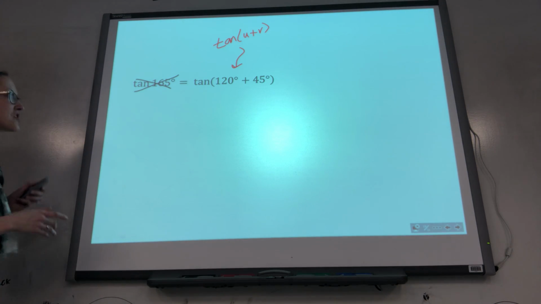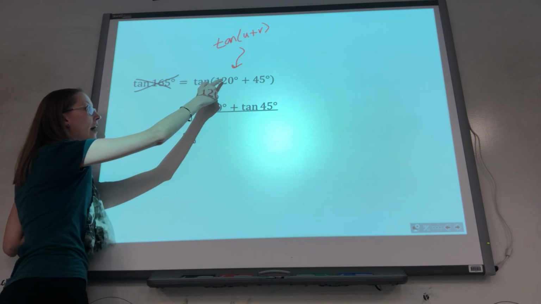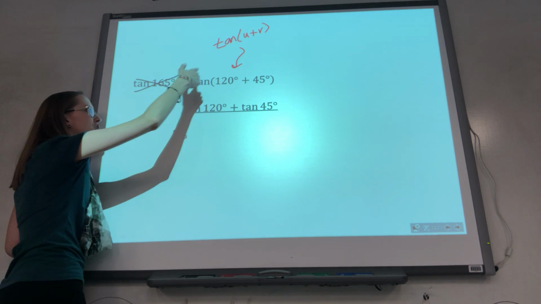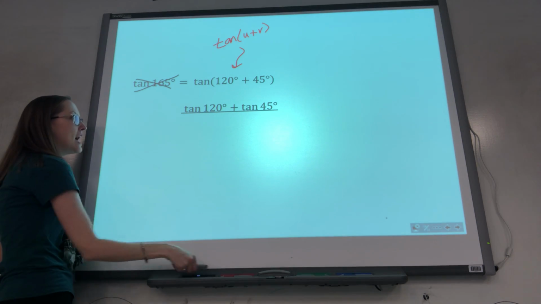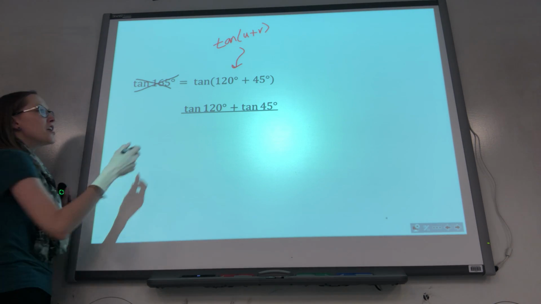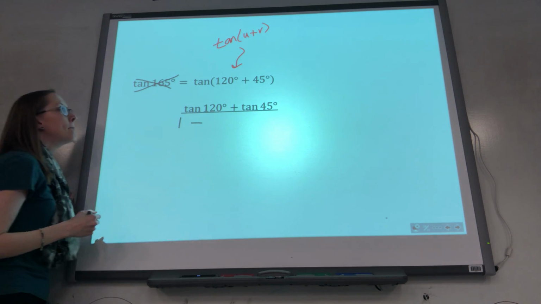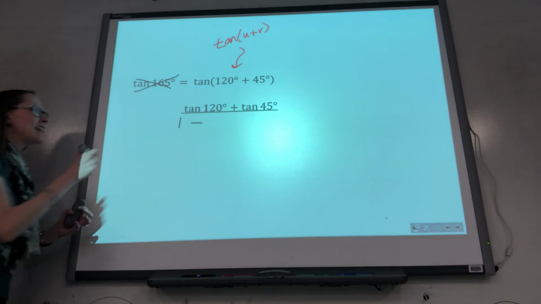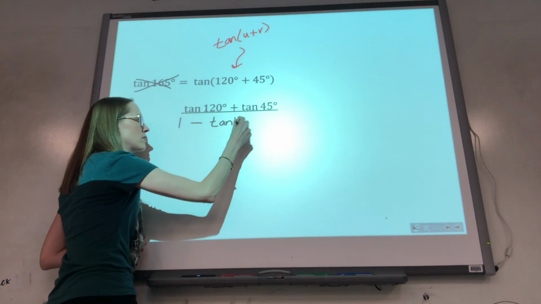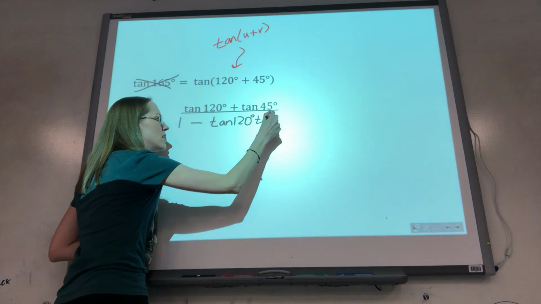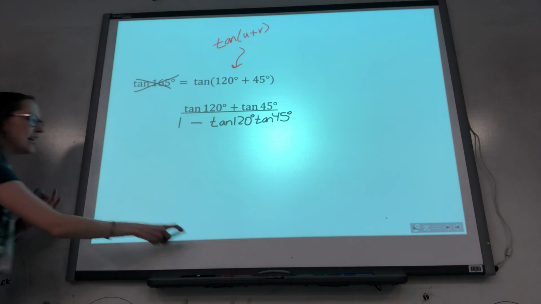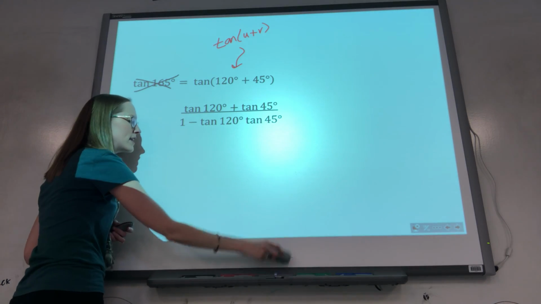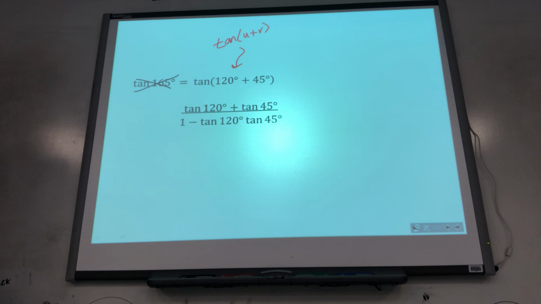On the top of the fraction, you have to take tangent of u plus tangent of v. So that's tangent of 120 plus tangent of 45. Now on bottom, you have to take 1 minus tangent of u times tangent of v. So I've got 1 minus tangent of 120 degrees times tangent of 45.